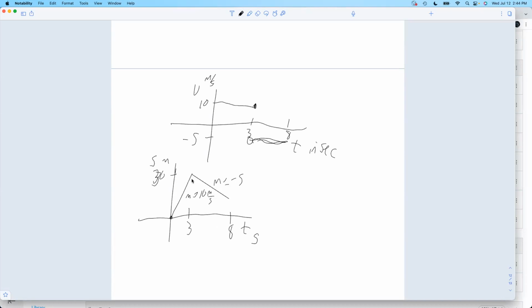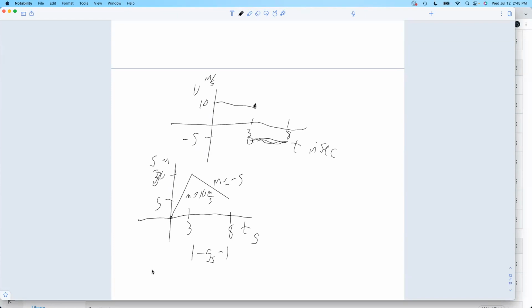So I started at 30. This is a 5-second interval here from there to there, right? That's 5 seconds going 5 meters per second in speed. I've gone backwards 25 meters then. I've lost 25 meters. I will end up at 5.